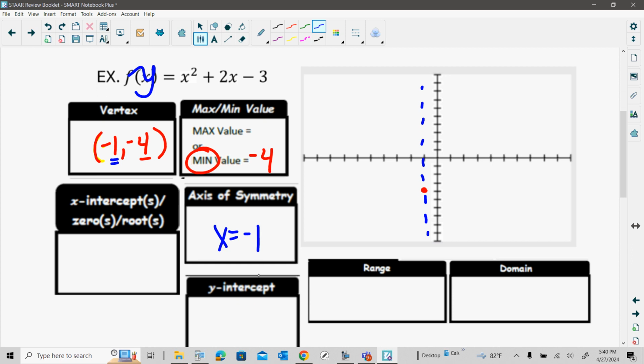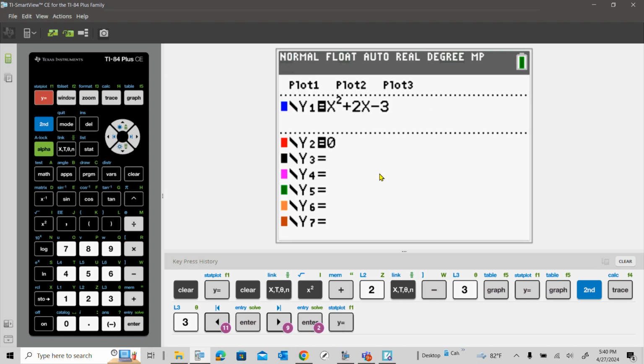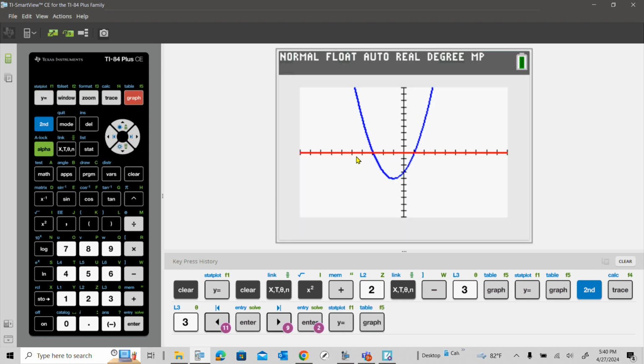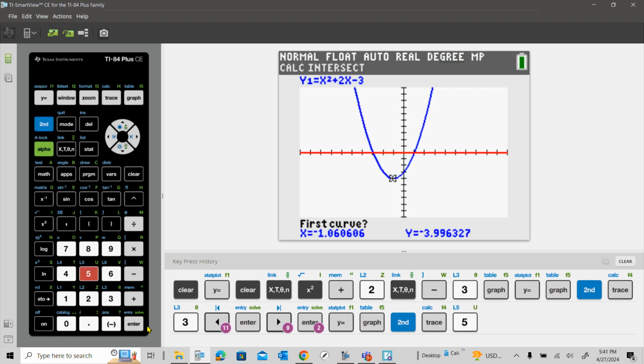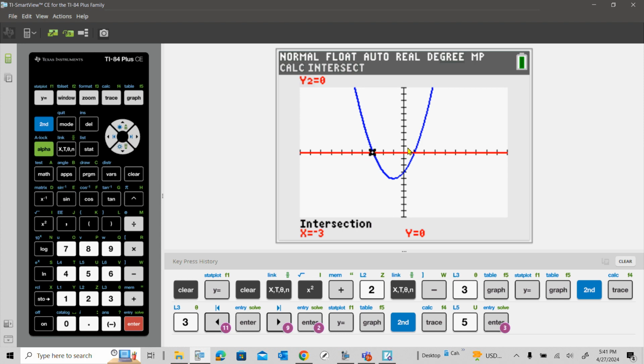And then I can sketch my graph looking for my intercepts. This is when I was talking about wanting the y equals 0 on the second equation, because now I can find these intersection points by doing second trace, hit 5 for intersect, and just hit enter 3 times. There's one of my intersections. I can physically see these.